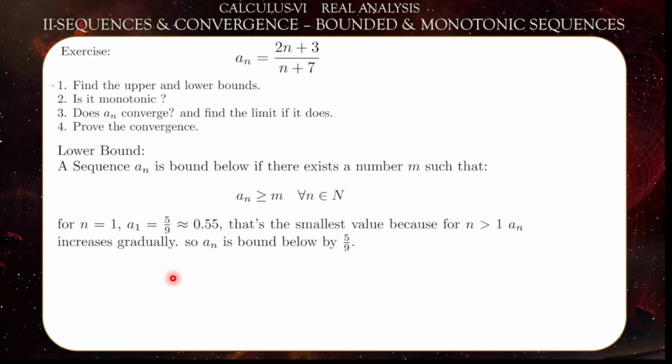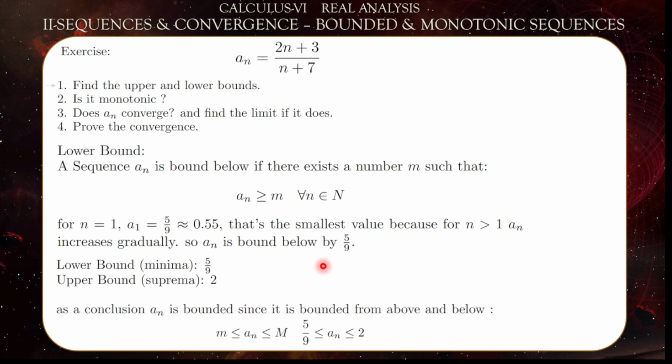So an is bounded from below by 5 over 9. So the lower bound, or minima, or infima also you can call it, is 5 over 9. The upper bound, suprema, is 2. So as a conclusion, an is bounded in general since it is bounded from above and below.